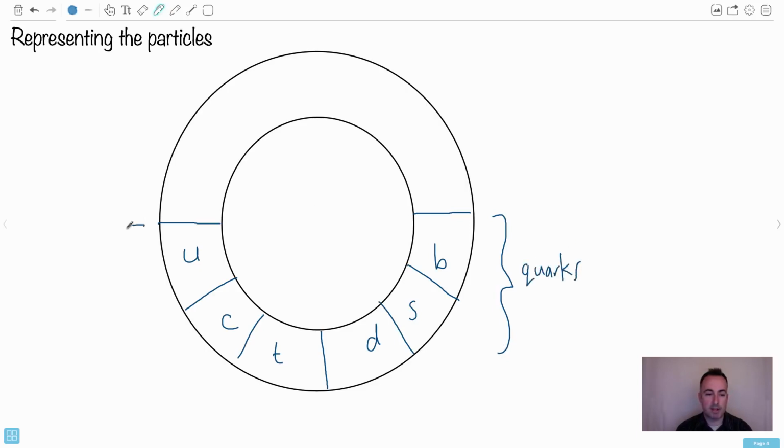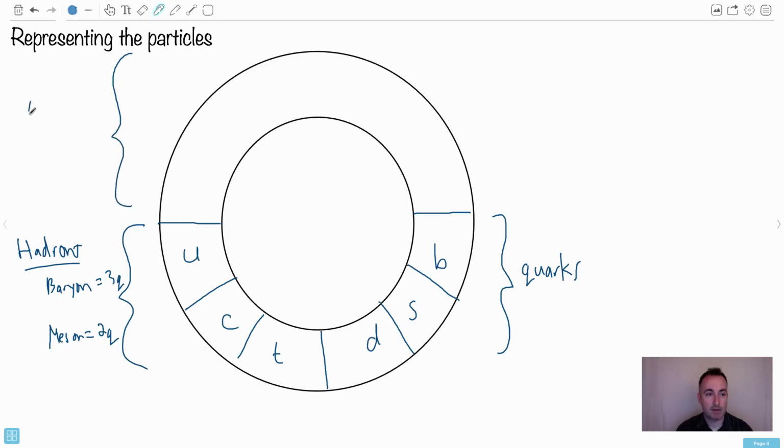And remember, if we make things out of them, these are called hadrons. I'm just trying to put everything together so we remember them. And remember what kind of hadrons we have? If we have a baryon, remember what that is? That's 3 quarks. And if we have a meson, remember that's 2 quarks, where one is a quark, one's an antiquark. And on the top here, instead of hadrons, we're going to have our leptons.